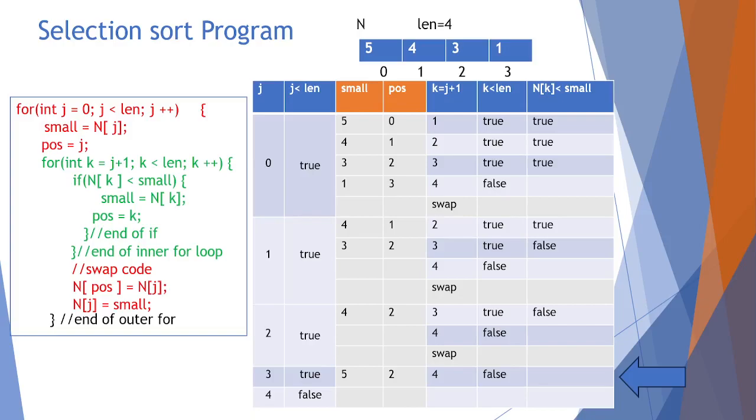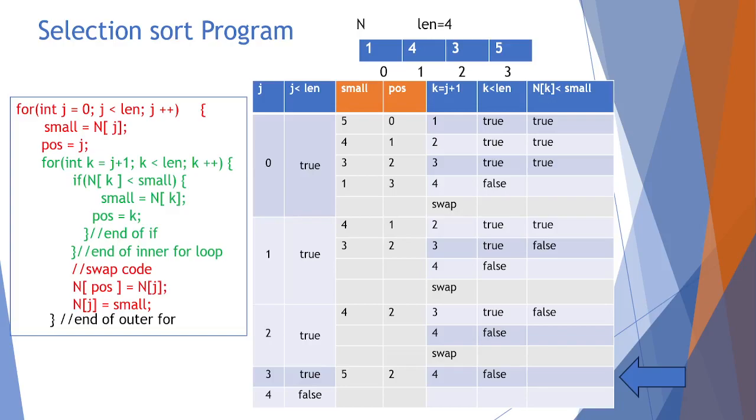In that location, that means the last location where 1 is present in the array, write whatever is there in n of j. j is 0, n of j is 5. So swap will swap the contents 1 and 5.